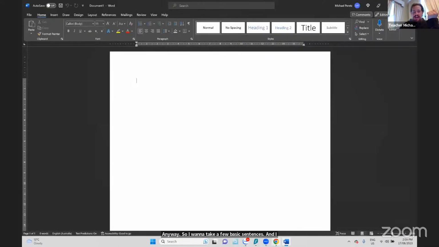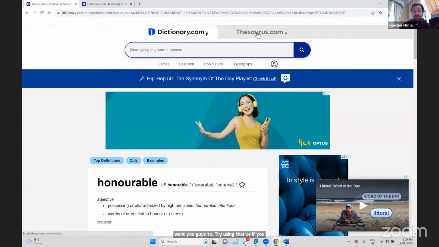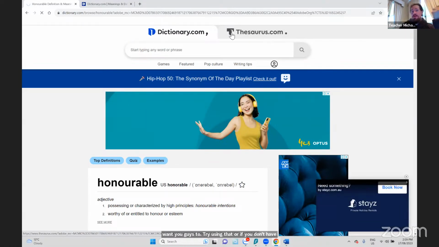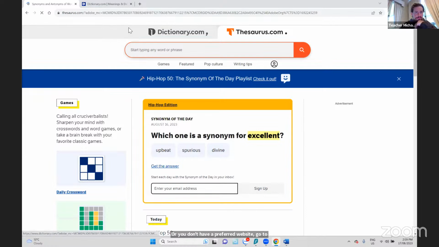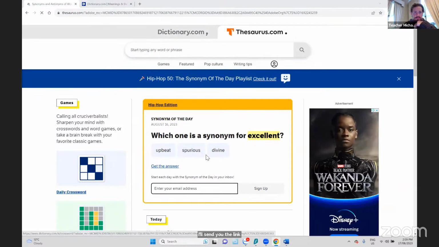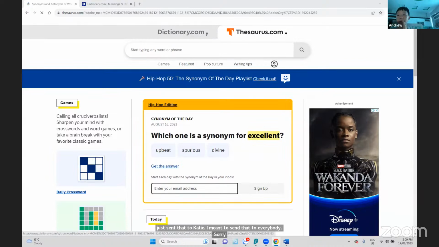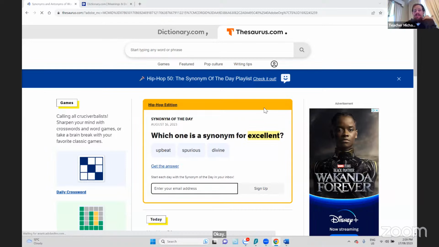using that, or if you don't have a thesaurus of your own, or you don't have a preferred website, go to thesaurus.com. I'll send you the link. Oh, I just sent that to Katie. I meant to send that to everybody. www.thesaurus.com. It does have a U in it. I'm going crazy today.